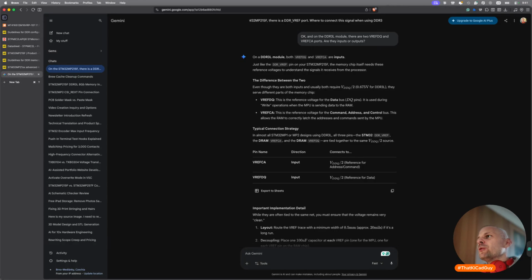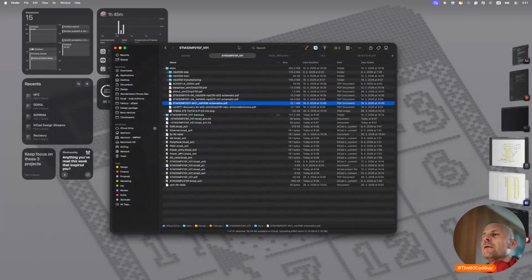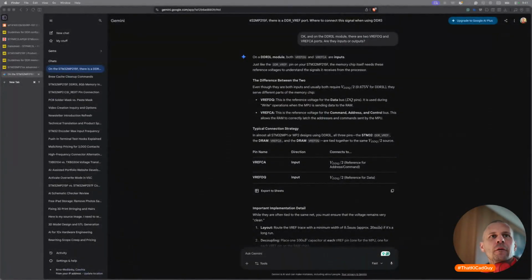So we have to add a source of the voltage there.